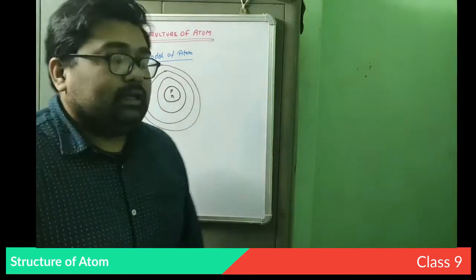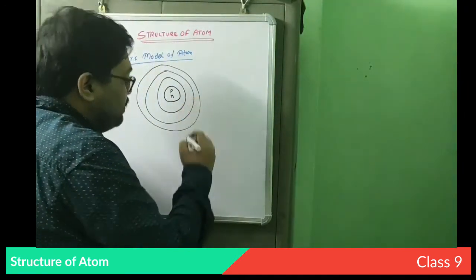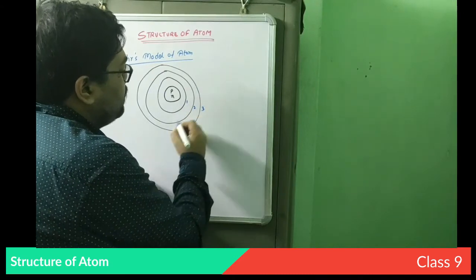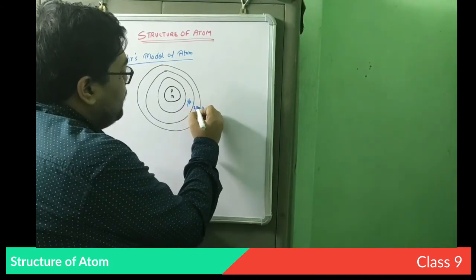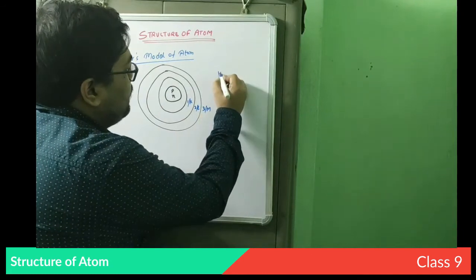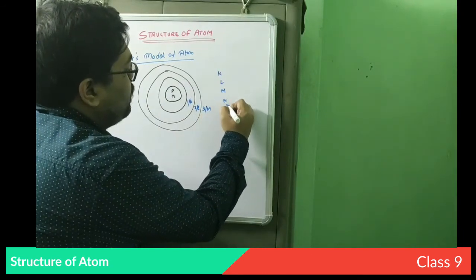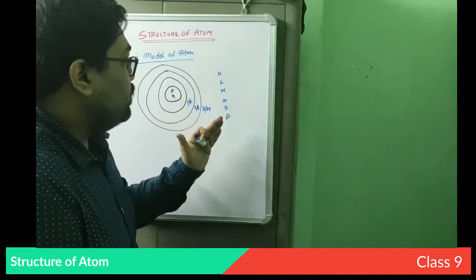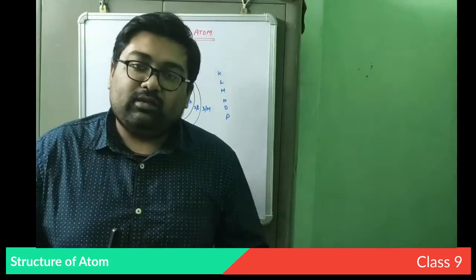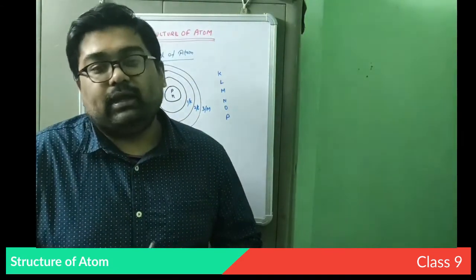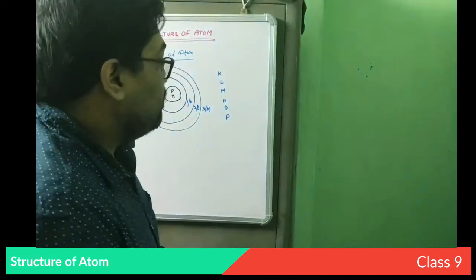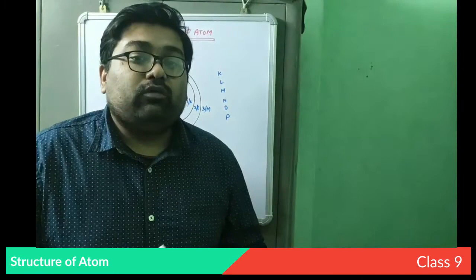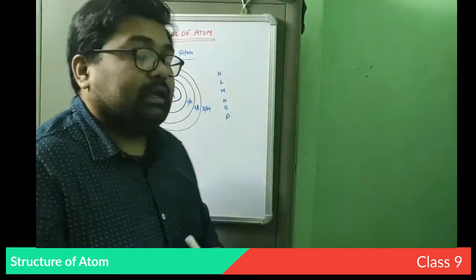So he named these different shells as shell number 1, shell number 2, shell number 3, or K, L, M shells. Moving from inward to outwards, he named the shells K, L, M, N, O, P and so on. These are the shell numbers. And there is a certain limit to the number of electrons which each shell can hold.